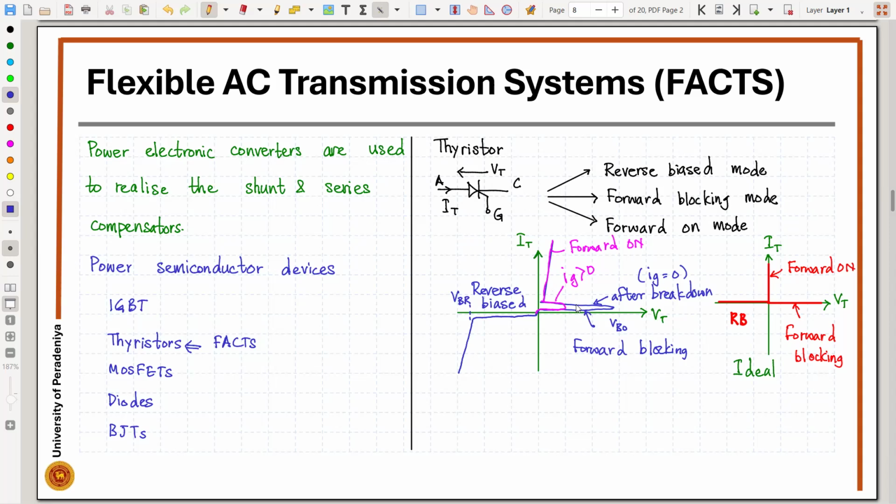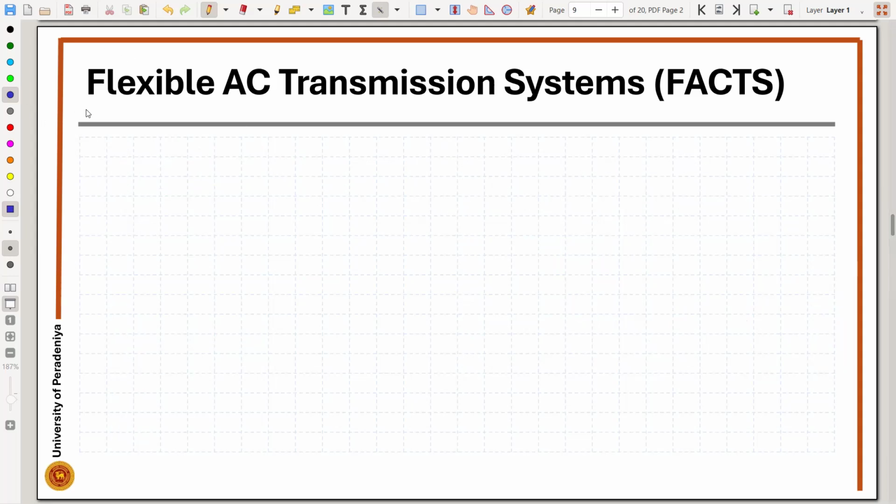We can have thyristor based circuits, and from that we can control the voltage or the current flowing through the circuit. So we will discuss an example of the benefit of thyristor circuits.